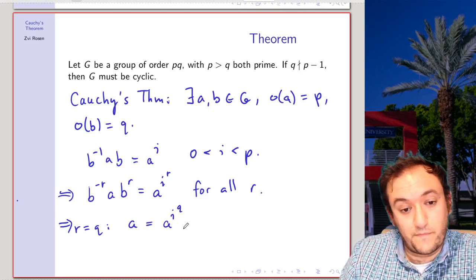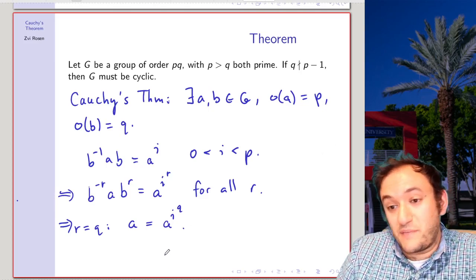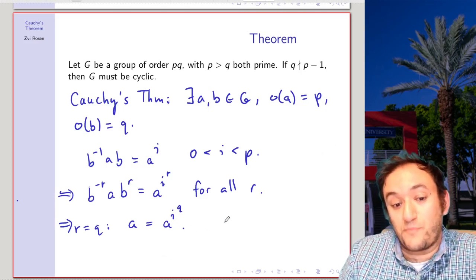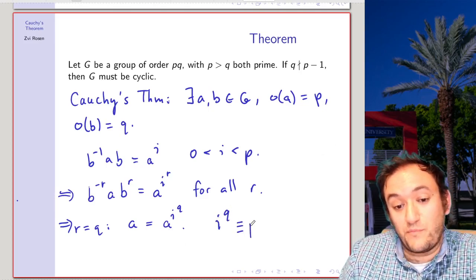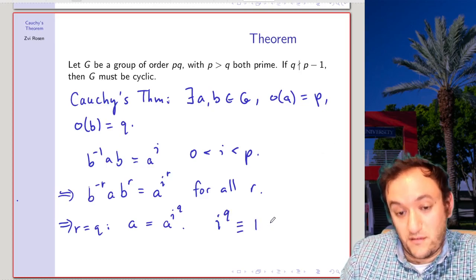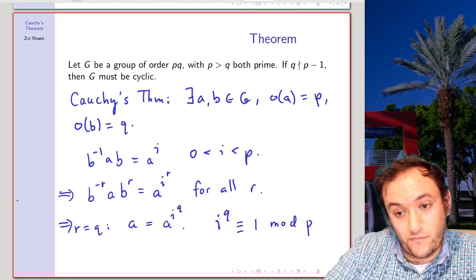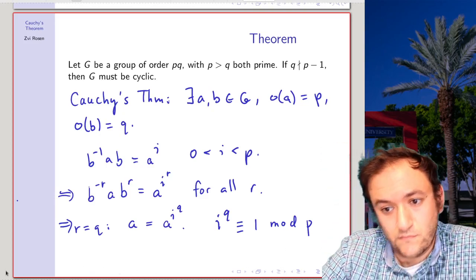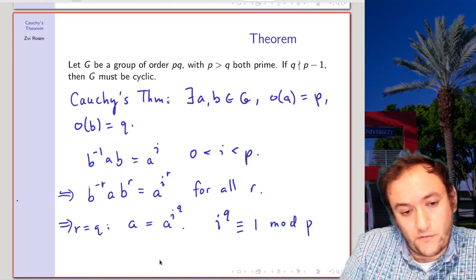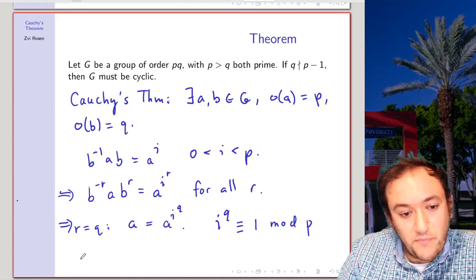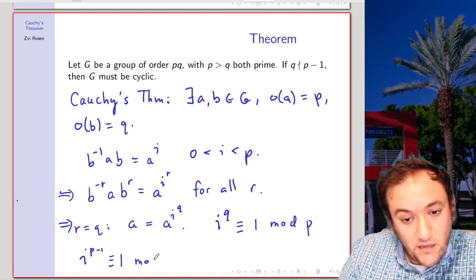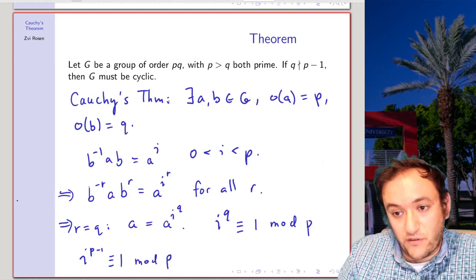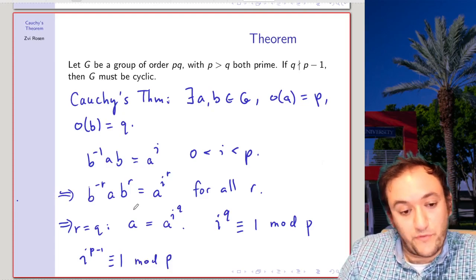Okay? So what that means is, because A has order P, I to the Q must be congruent to 1 mod P. We also know that I to the P minus 1 is congruent to 1 mod P by Fermat's little theorem, which we proved using the multiplicative group of units.